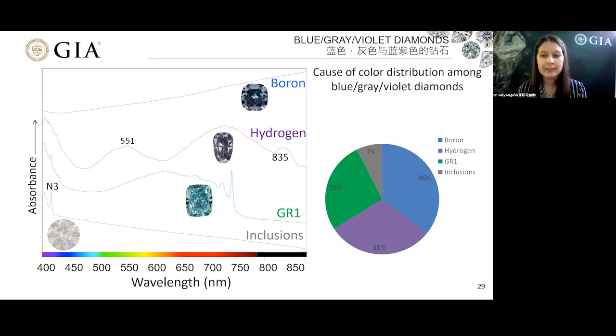With the pie chart on the right, it shows the distribution for the cause of color among these diamonds. We can see that about 1/3 of the stones are type 2B.